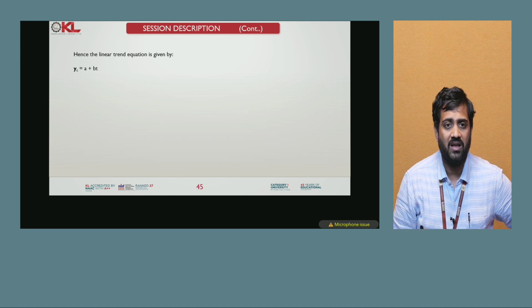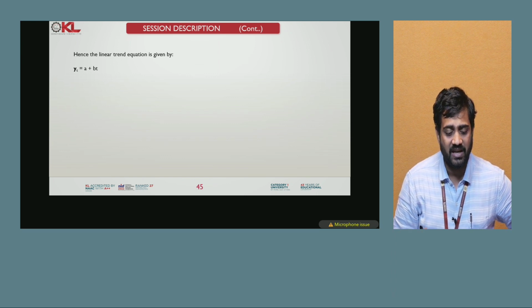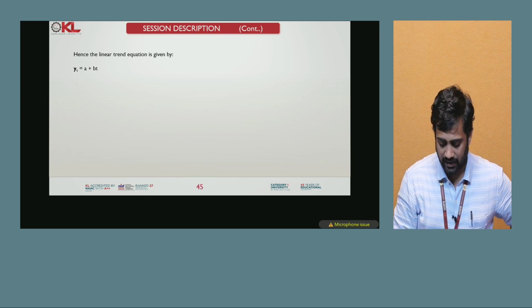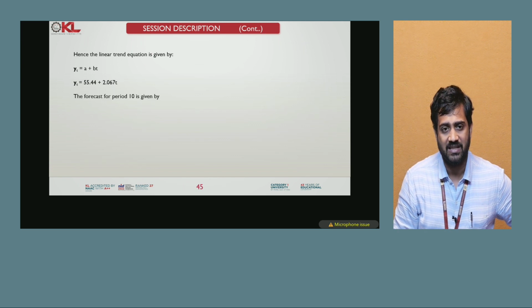Now you know b and a values, so you know the linear trend equation. Here it is y equal to a plus b t. Substitute y equal to 55.44 plus 2.067 into t. Now if you want to estimate for the period of 10, the forecast for period 10 is given by y equal to 55.44 plus 2.067 into 10.